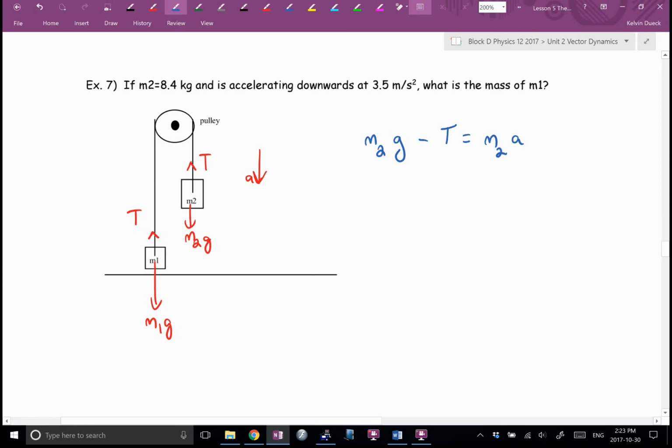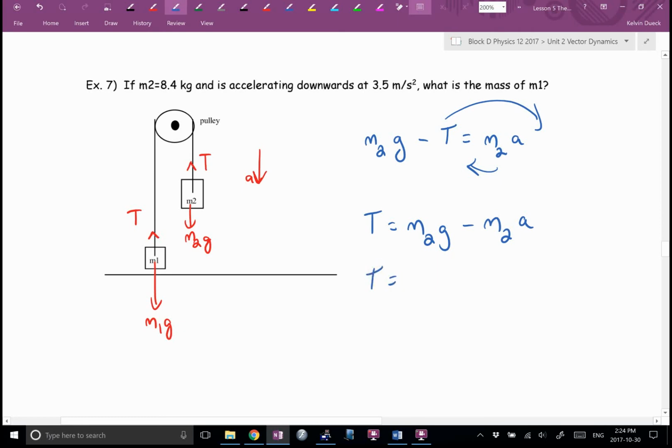What can I find here? I can find tension. Now, why is that nice? Because the tension for mass 2 is the same as the tension for mass 1, which might let me then figure out how big mass 1 has to be. See our approach? So we'll do the little swappy dance. We'll get tension equals m2g minus m2a.